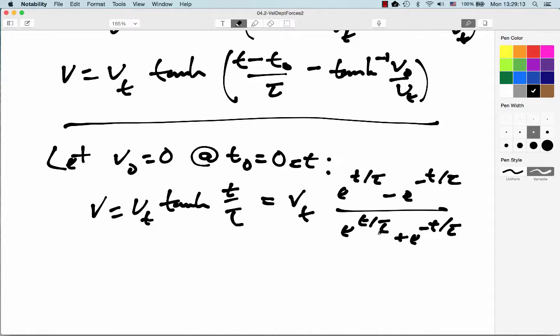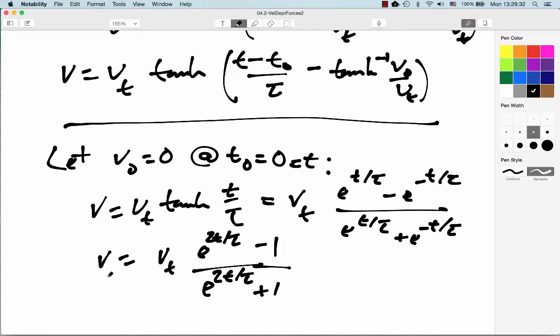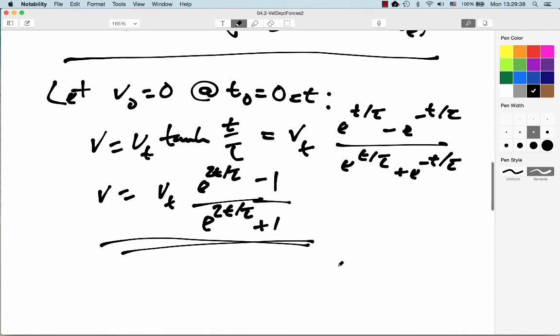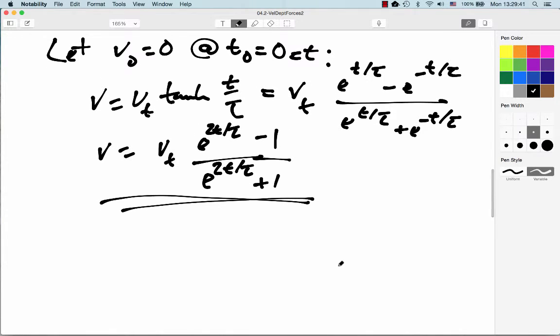And if you multiply numerator and denominator by e to the t over tau, you can make this look a little prettier and get that v equals v terminal times e to the 2t over tau minus 1 over e to the 2t over tau plus 1. I guess it's a matter of aesthetics, which you think is cleaner, but at least this we can think about a little better.